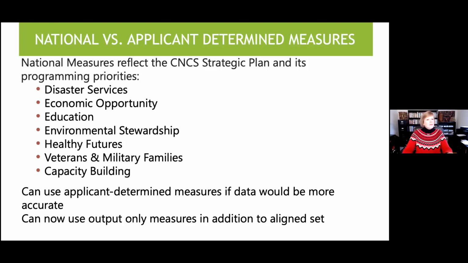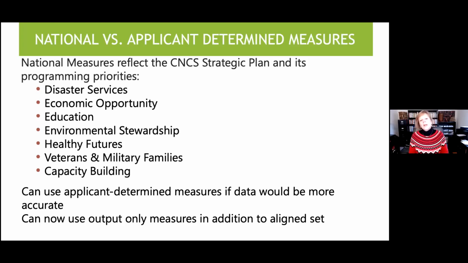These national measures aren't doing justice to that. So they have completely backed off trying to really push people to national measures unless it absolutely aligns with what your theory of change is. Then you are, as Emily said, you know, they want you to use a national measure if it's close enough to what you would measure anyway. Like if you put in one that you come up with yourself that sounds pretty much like one that they have, they're going to ask some questions about that and maybe make you change it.